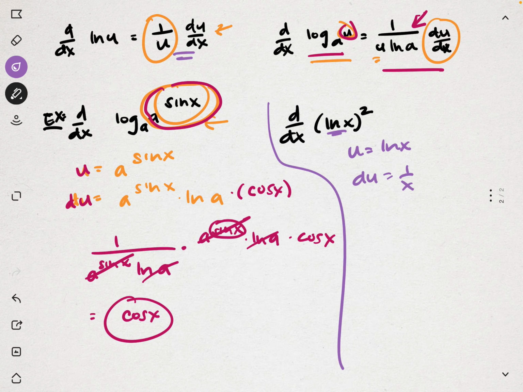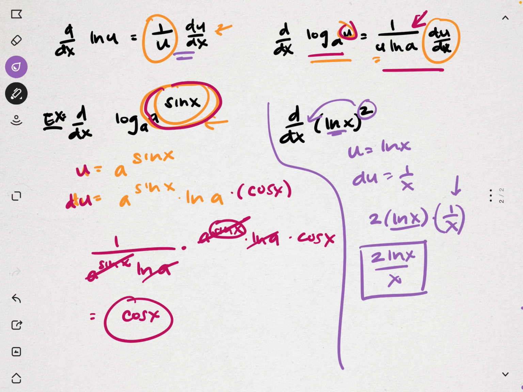We're going to do the power rule on the outside, so we're going to do 2 ln x, and then the chain is 1 over x. So we just dropped our 2 down, subtracted 1 from it. We don't need to put power 1. The inside is the same. And then the chain, the derivative of ln x is 1 over x. So the whole thing is going to be 2 ln x over x.